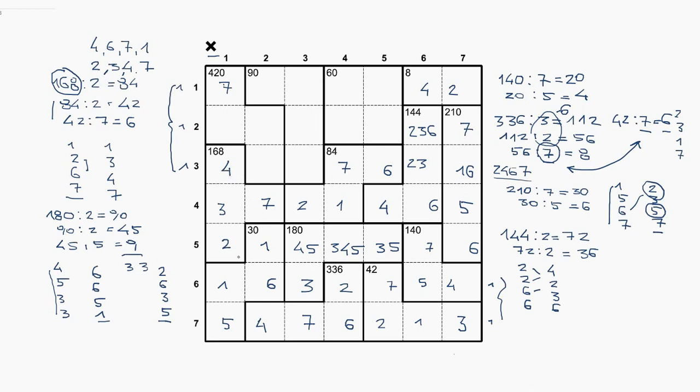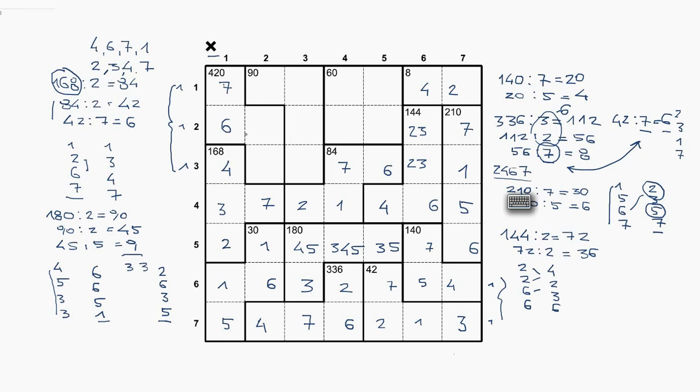If here number 4, here has to be number 6. Now, if here is a number 6, here cannot be number 6, here is a number 1. Here cannot be number 6. Just numbers 2 and 3.